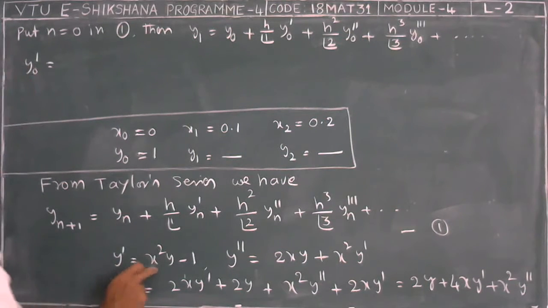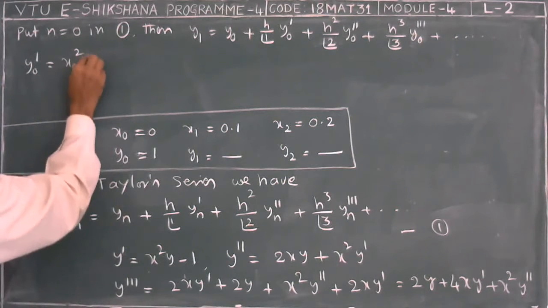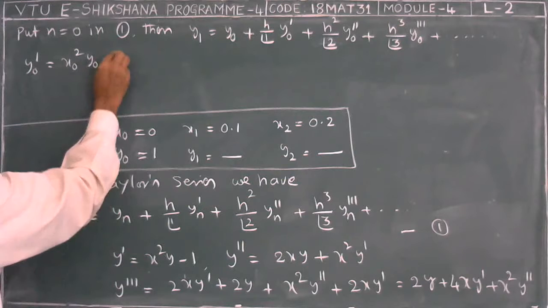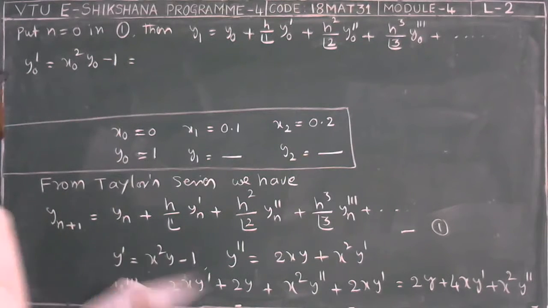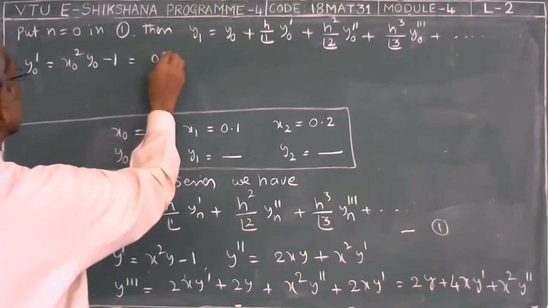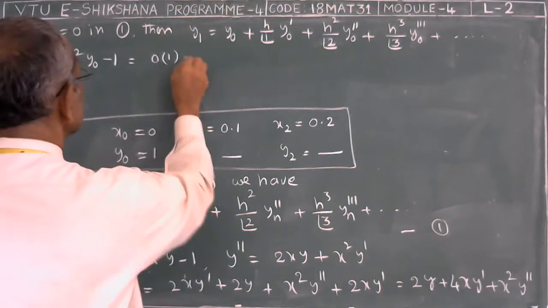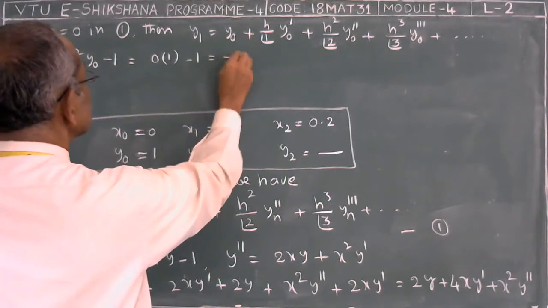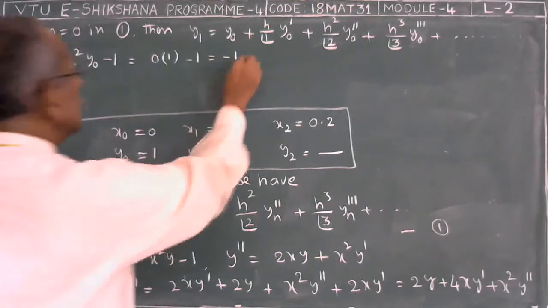So now y0 dash is x0 square into y0 minus 1. So substitute the values of x0 and y0 here. X0 is 0, so 0 square is 0 into y0, y0 is 1, minus 1, so this is minus 1. Y0 dash is minus 1.